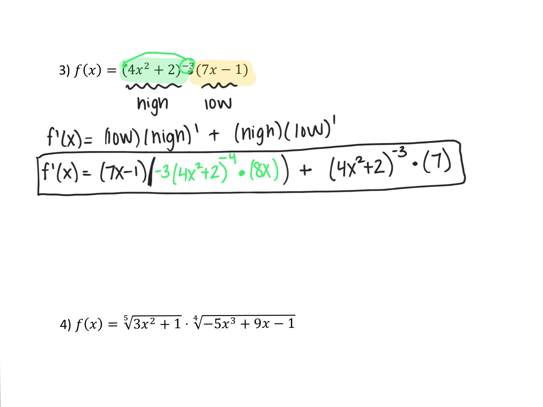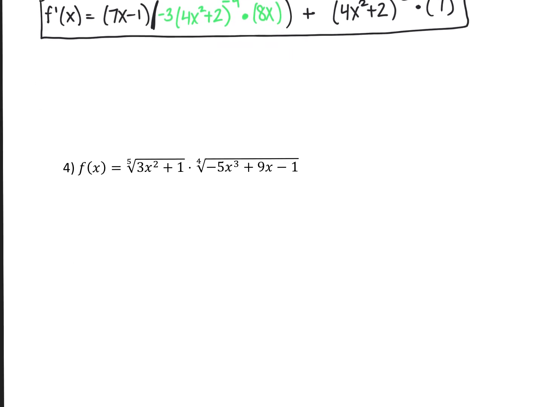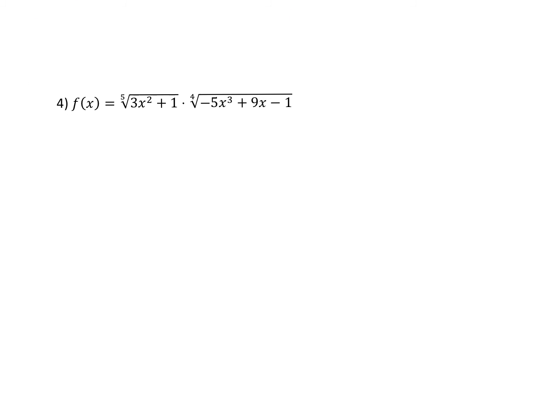So what's tricky about this one is that there may be a chain rule involved. So I'm going to get you started on number 4, but I'd actually like you guys to try to see if you can finish this one for homework. So the first thing that I notice is obviously that I'm multiplying two things together, so I need to use the product rule. But I notice that I have radicals and not exponents.